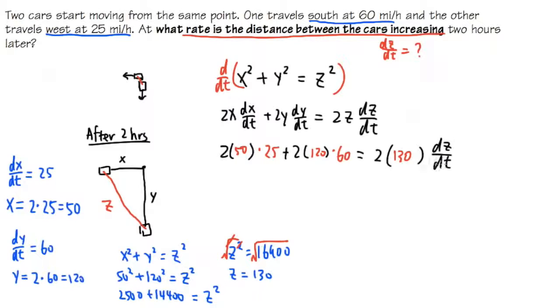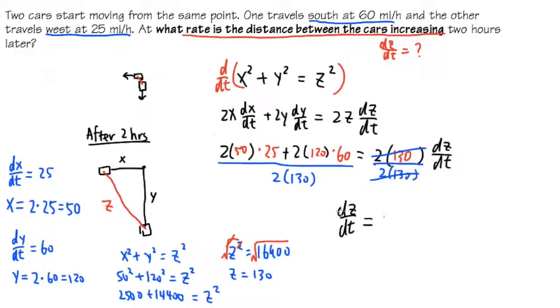And to solve for dz/dt, let's divide both sides by 2 times 130, so that this and that will cancel. And then I will need to divide everything on the left hand side by 2 times 130. And then all we need to do is say dz/dt is equal to this number. So use a calculator, punch everything onto the calculator.